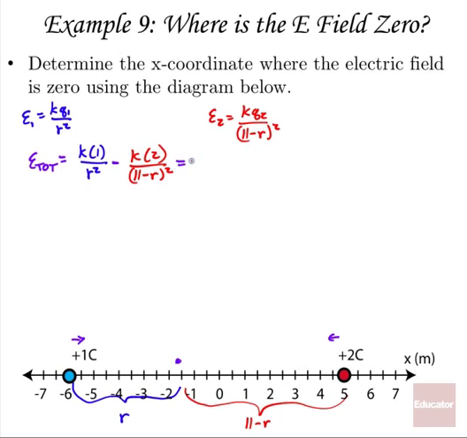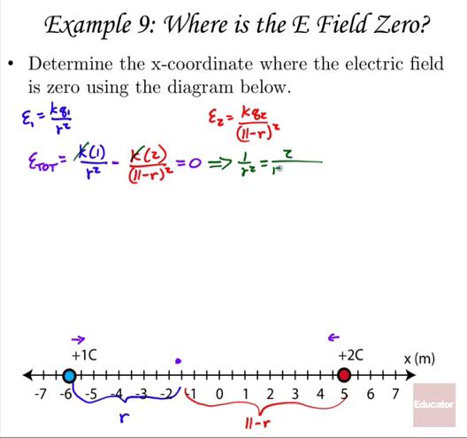And we want the point where that all is equal to 0. First thing I see is a simplification right away: we can divide K out of all of that. So I could rewrite this as 1 over R squared, moving the red part to the right-hand side, equal to 2 over 11 minus R quantity squared. Let's extend that out.